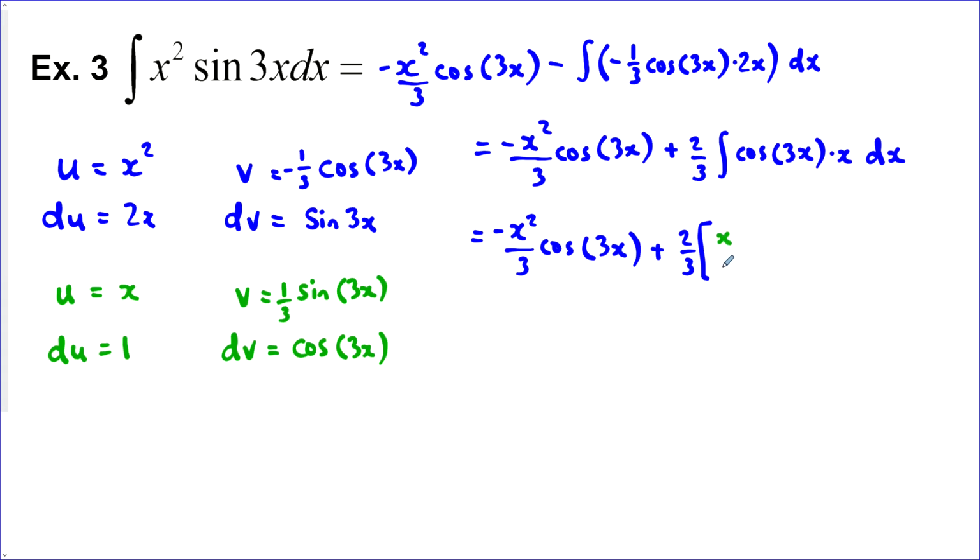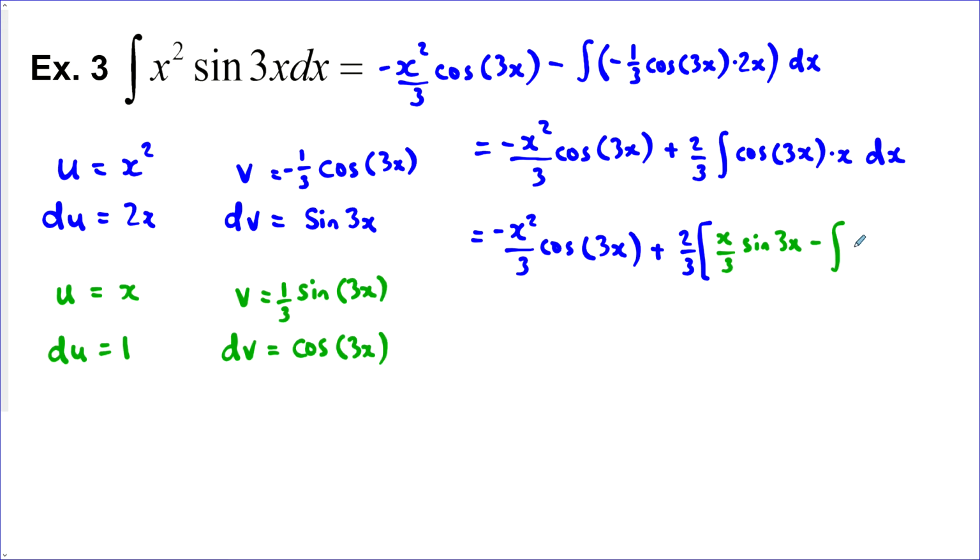So x times 1/3 times sine 3x minus the integral of v du, and thankfully du is just 1 here, so now this is the only thing in my integrand.